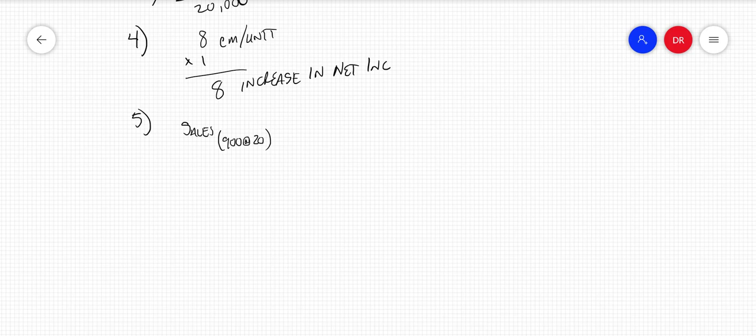That's going to be $18,000 instead of $20,000. We'll have variable expense, 900 units at $12. That does not change. That's what was there before. So now we have $10,800 in variable expense. So our contribution margin on this will be $7,200.